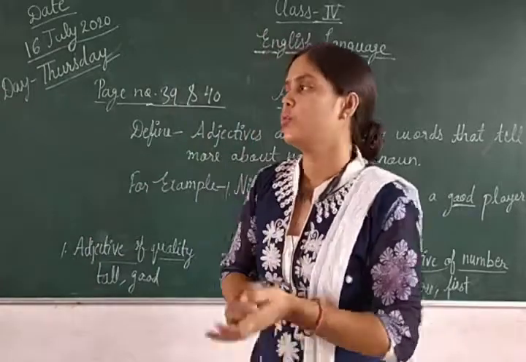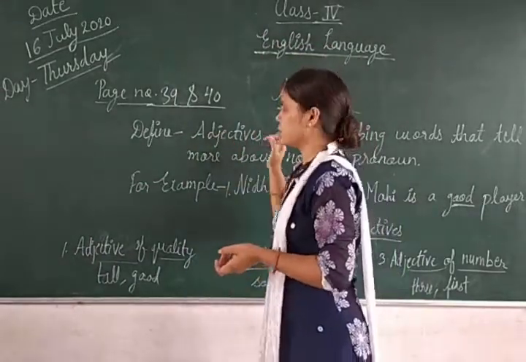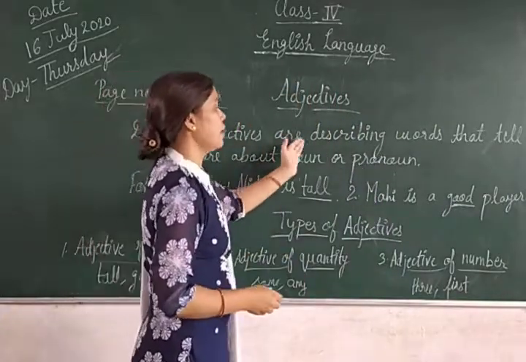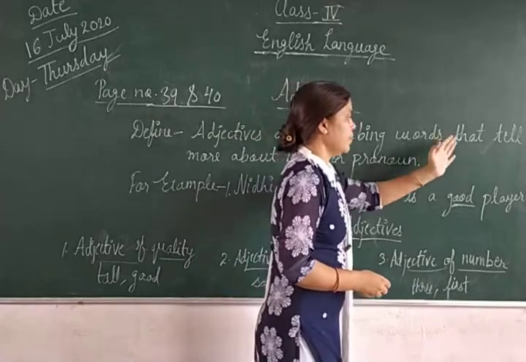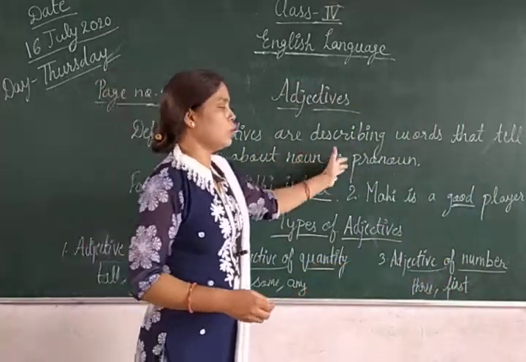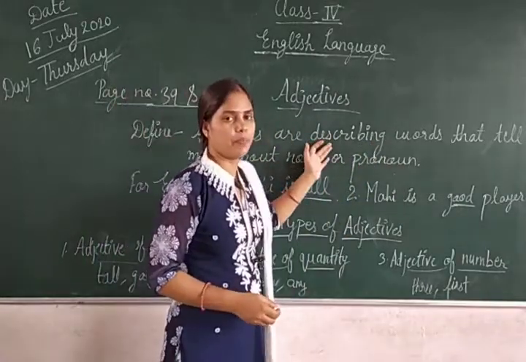So now, first of all, I just want to tell you the definition of adjectives. What are adjectives? Adjectives are describing words that tell us more about noun and pronoun. कि जो adjectives होते हैं वो describing words हैं.